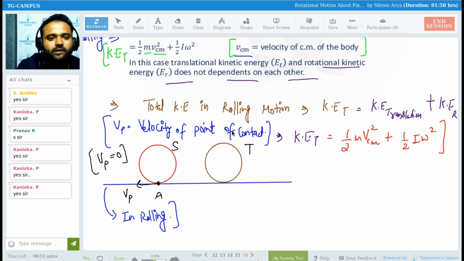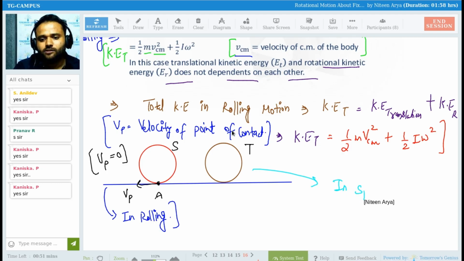So one thing we can note: in spinning, V_P is not equal to 0. What does it mean?